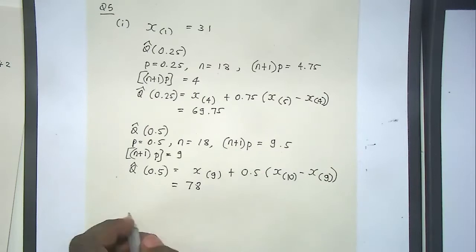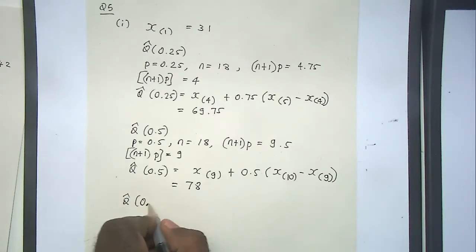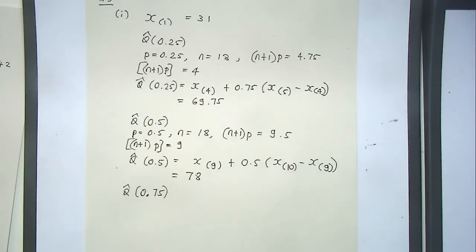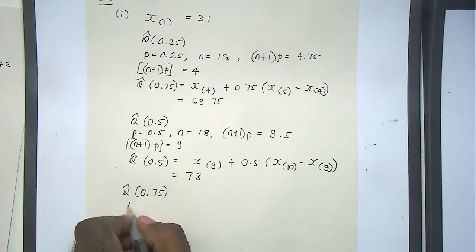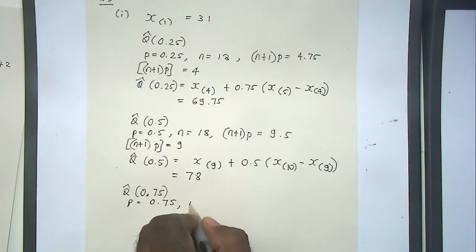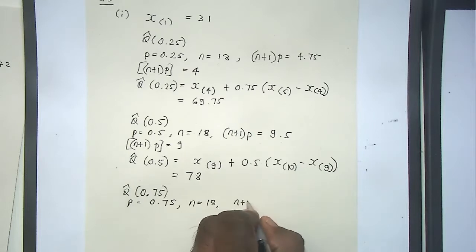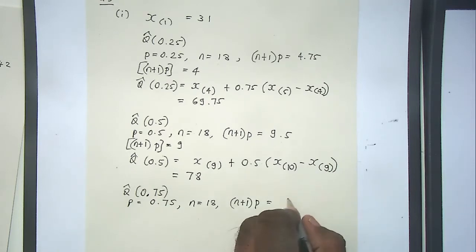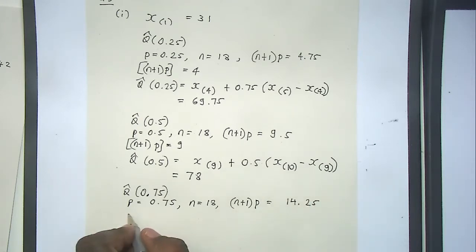And Q hat at 0.75, the third part. Your p is 0.75 and your n is 18. So (n+1) times p is 14.25.